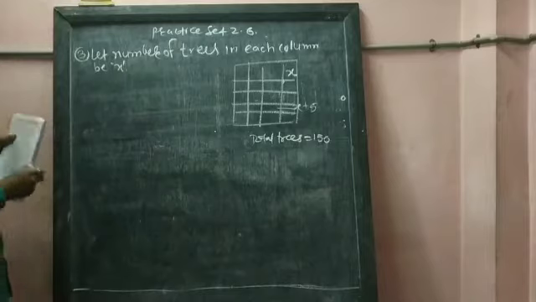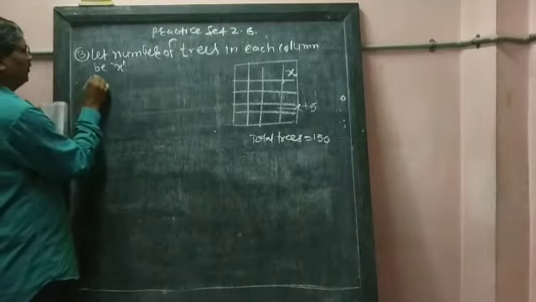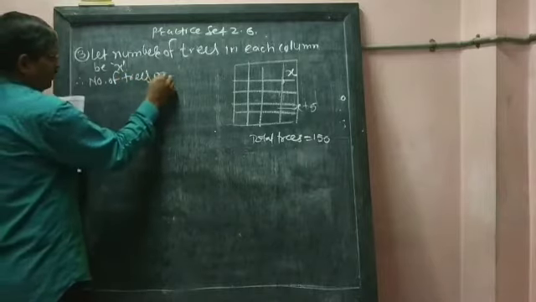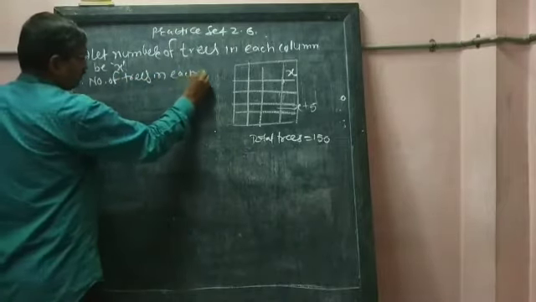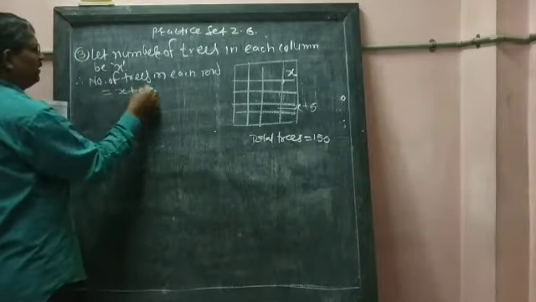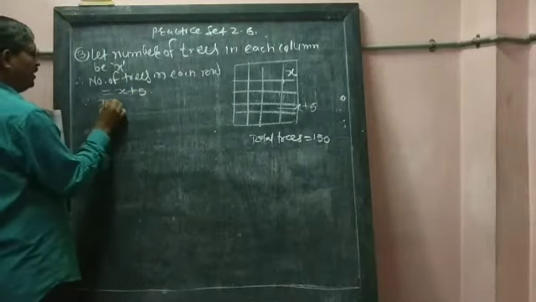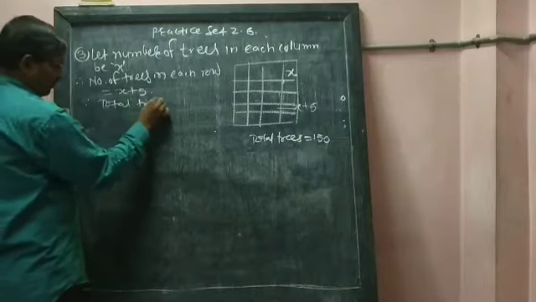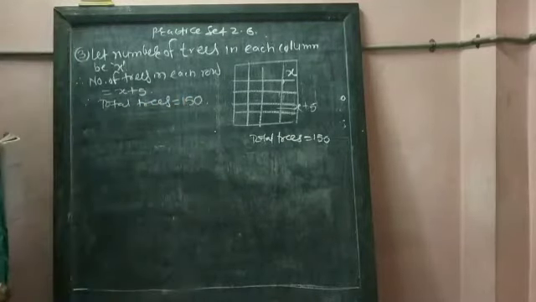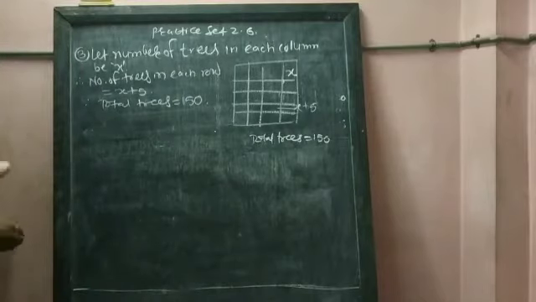Then the number of trees in each row is equal to x plus 5. Total trees is equal to 150.